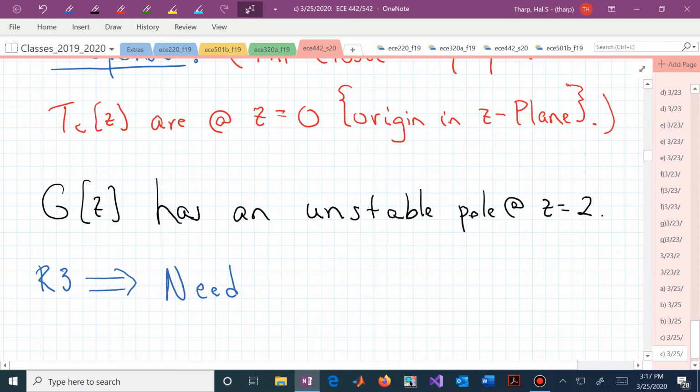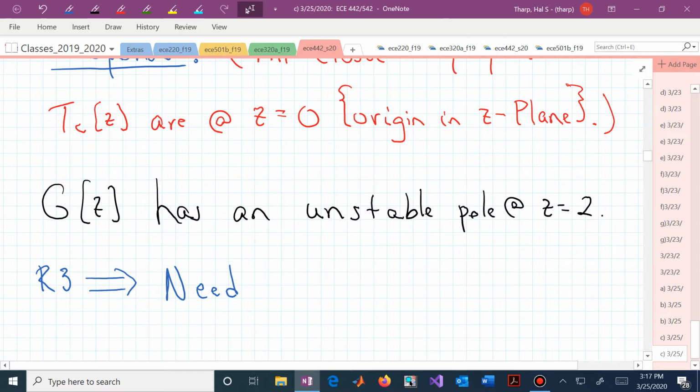Restriction 2 and restriction 3 combined are forcing us to avoid canceling unstable poles and zeros with our controller capital C of z.